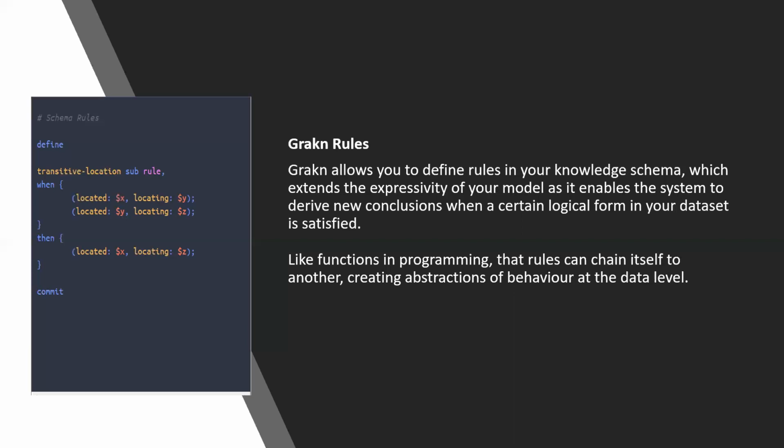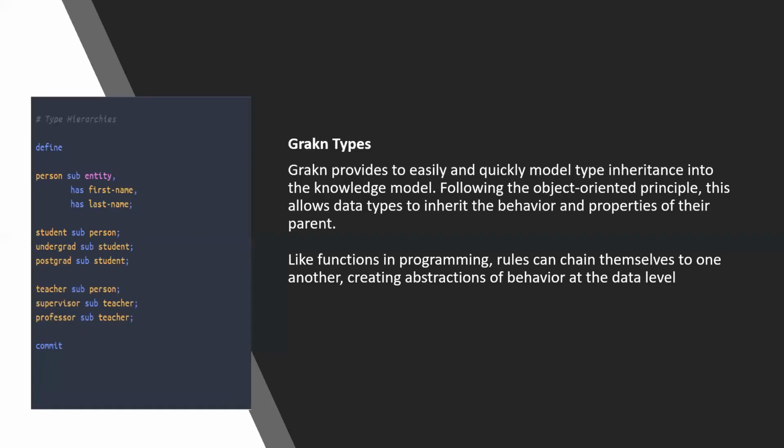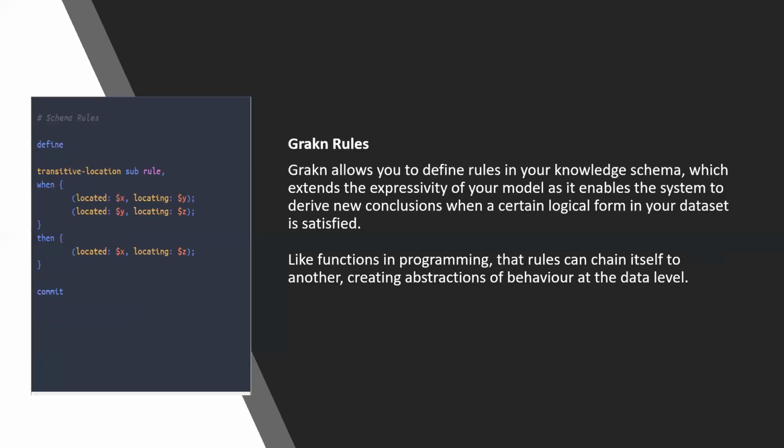So we can also define multiple conjunctive expressions in the when part, and that all depends on the requirement. So this is all about creating entities, relations and rules in Grakn databases.